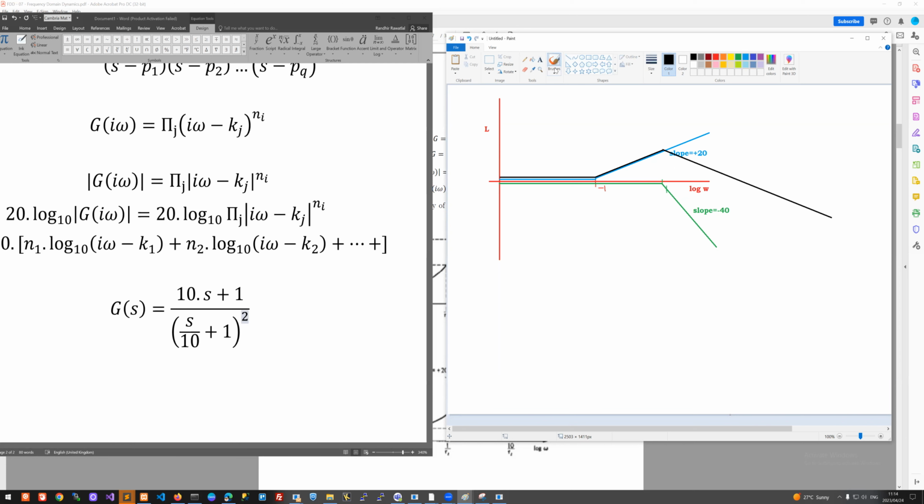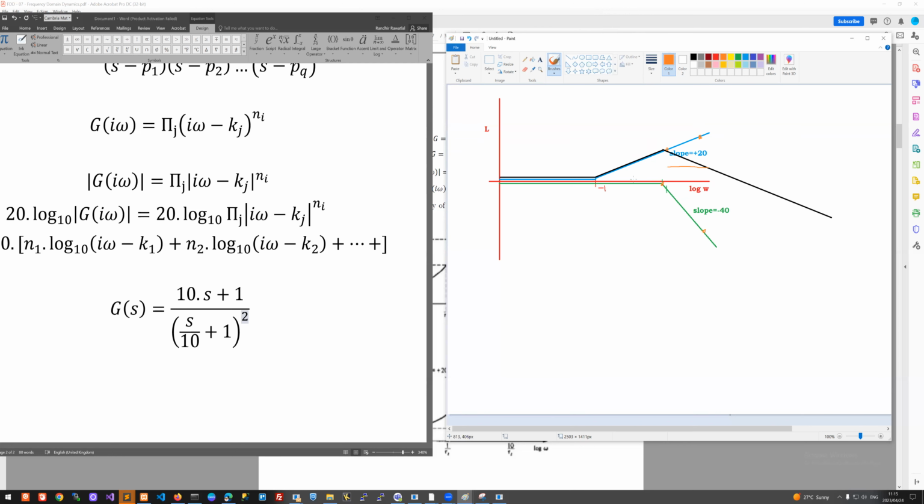Let's say this point here had a value of, I don't know, 200. So we have 200 here, and let's take a point here. And similarly, we take another point here. And let's just call this a unit step of 1, right?